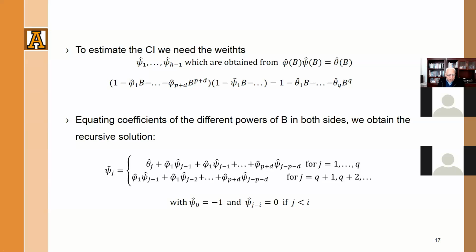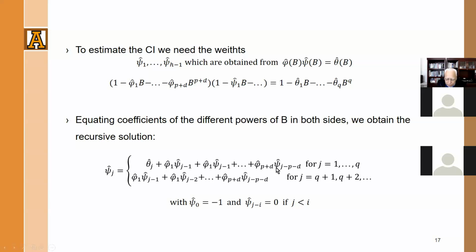So it will be theta_j plus phi_1 psi_{j-1} plus phi_2 psi_{j-2}, and so on, all the way to phi_{p+d} psi_{j-p-d}, because we have p autoregressive terms, the autoregressive polynomial phi is of order p, and then we have d differences, so we go to p plus d.